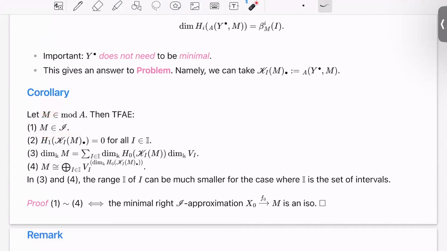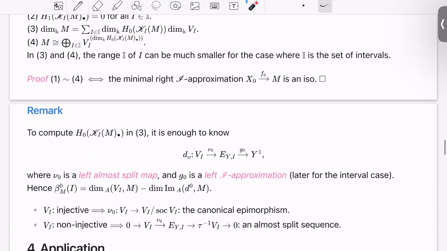This is given by H1 being 0, or the dimension is computed by multiplying dimensions. In that case, M is of course decomposed into interval modules with multiplicity given by the dimension of the homology. So this is an easy corollary.